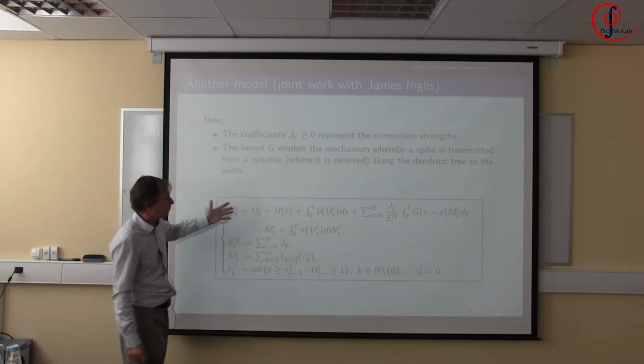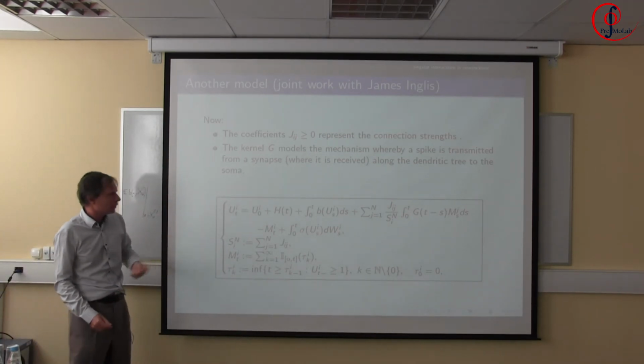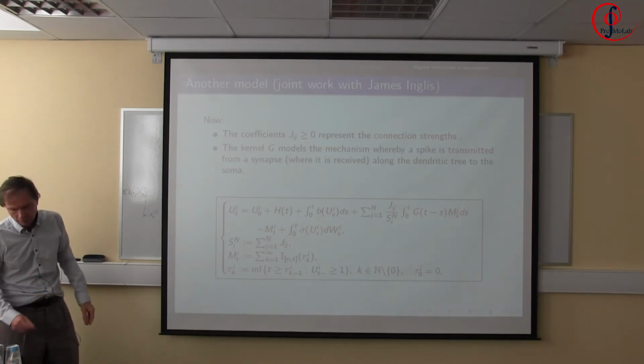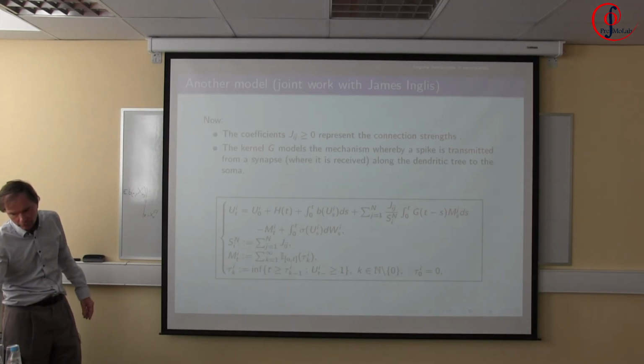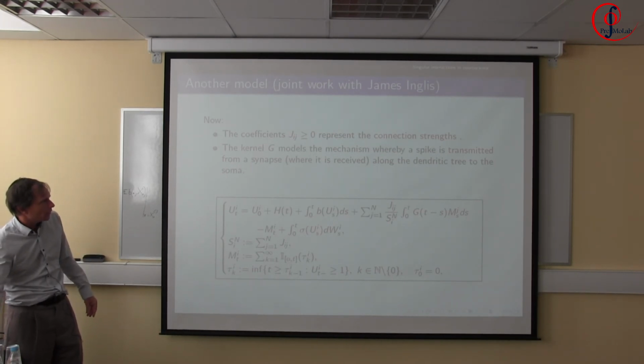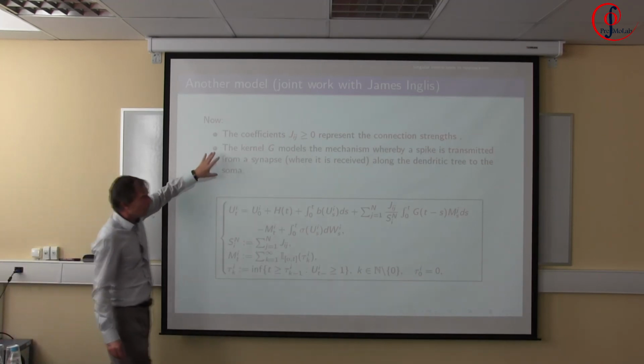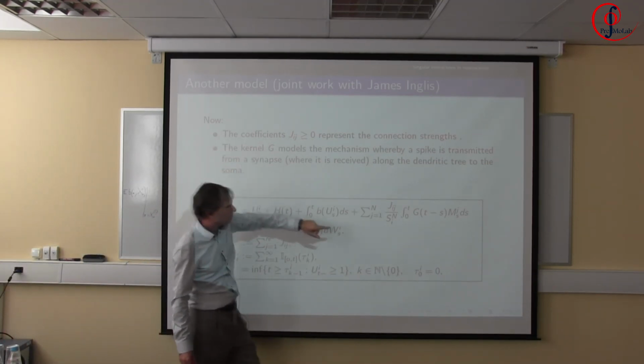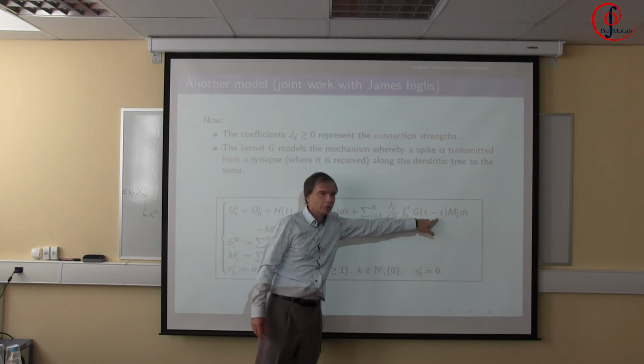So, as before, the question is, does the system propagate chaos? What's the mean-field limit of this system? And is there any blow-up in the story? So why is it reasonable to take into account this smoothing effect?